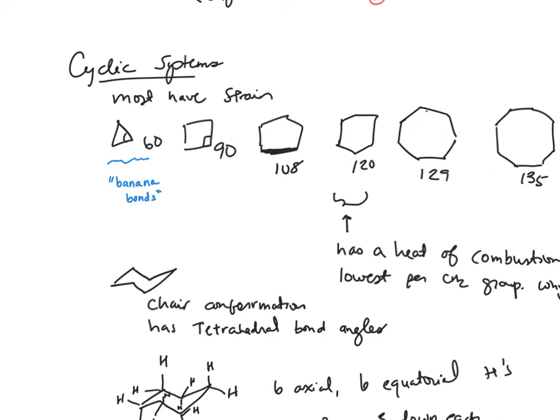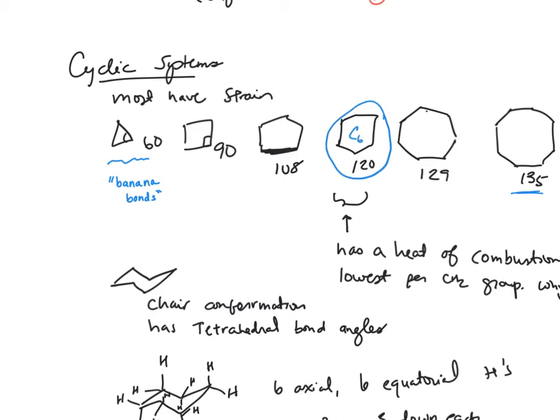With cyclobutane, we have 90-degree bond angles, and we keep going up in bond angles until we get to 135 for cyclooctane. And there's something different, though, about cyclohexane with 6 carbons.